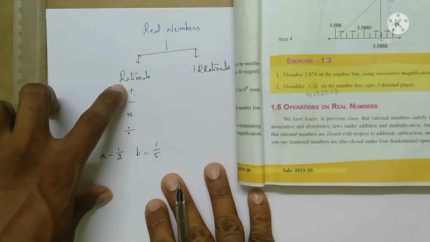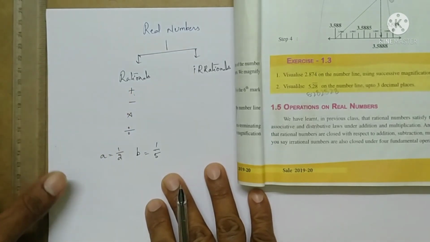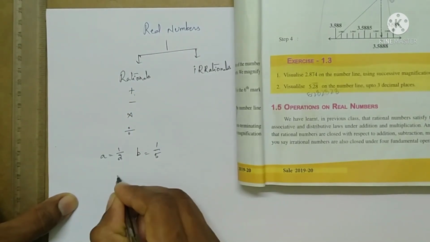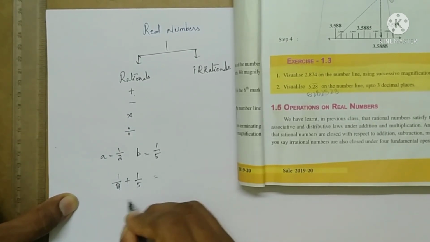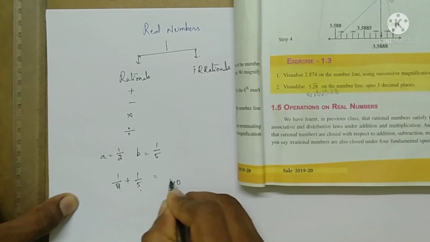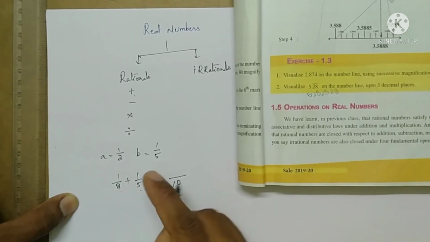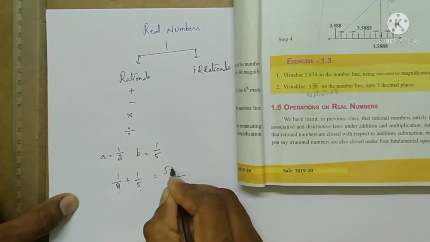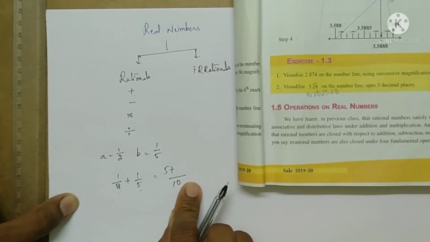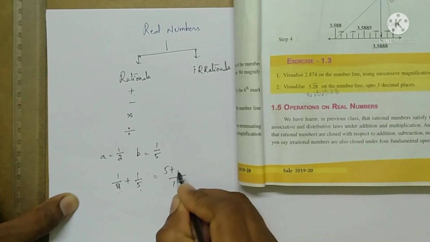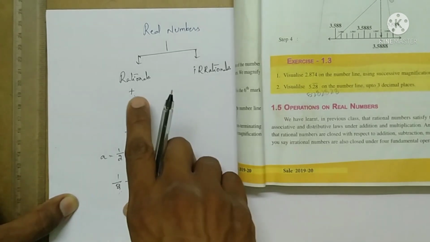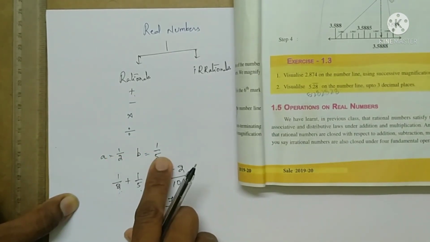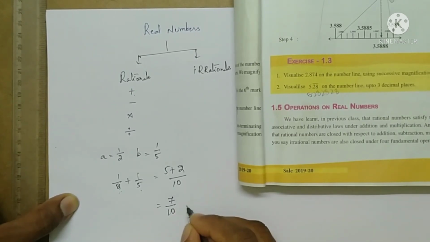Let us check our first operation, addition. 1 by 2 plus 1 by 5: LCM is 10. 5 into 1 is 5, 2 into 1 is 2. Result is 7 by 10, right? So the addition of two rational numbers is always a rational number.